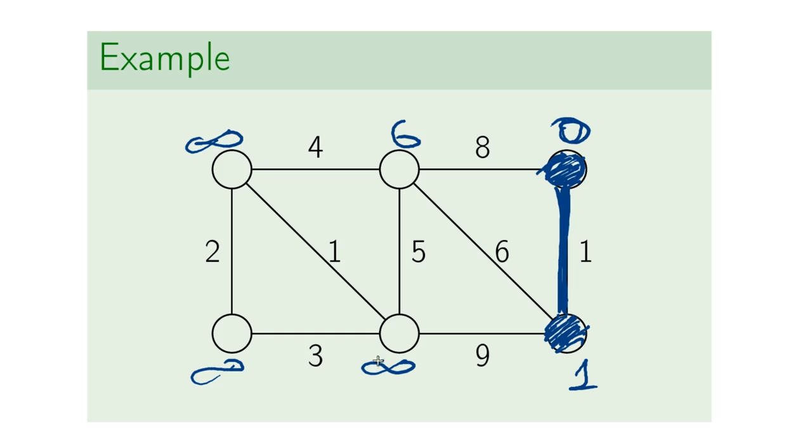Also, we change the priority of this vertex to 9. Now we have 4 vertices in our priority queue, and we select the vertex with the minimum priority, which is 6.